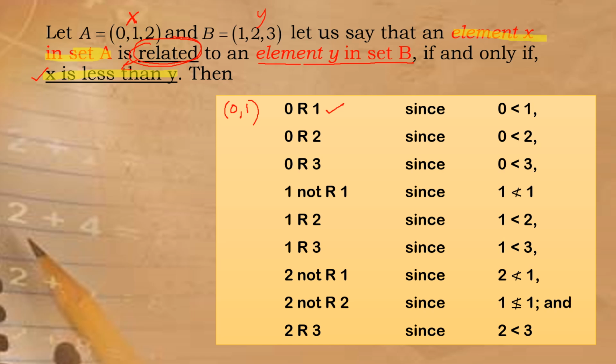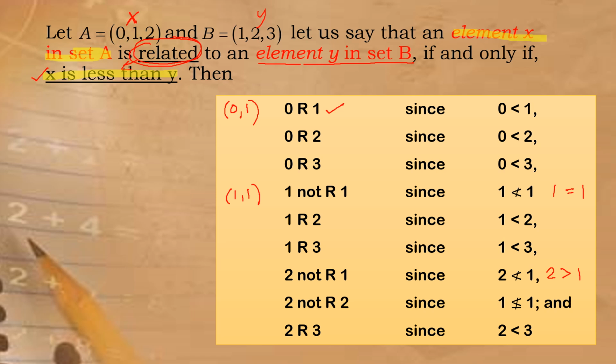Why is 1 not related to 1? The coordinate is 1 and 1, because 1 is not less than 1. It should be 1 equals 1, right? Ganun din naman dito. 2 is not related to 1 since 2 is not less than 1. It should be 2 is greater than 1.